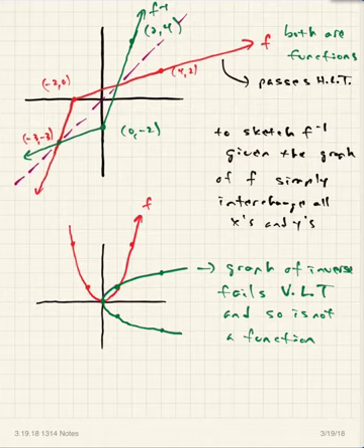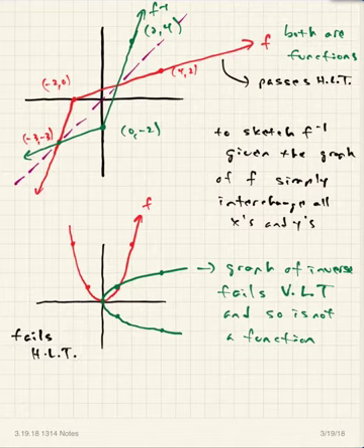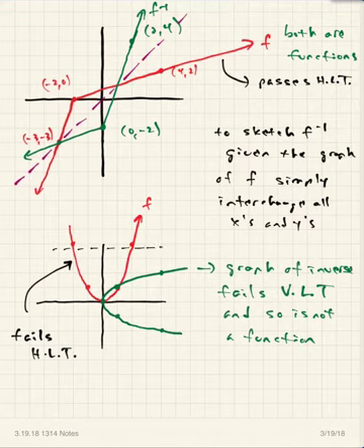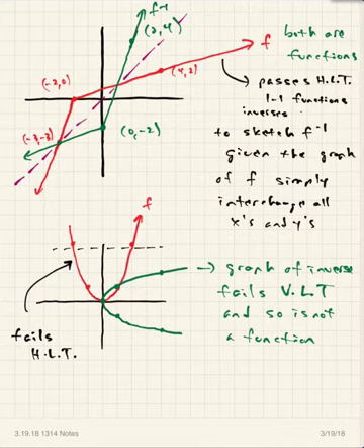The second graph fails the horizontal line test, because if you draw a horizontal line, you can intersect it twice. So graphs that pass the horizontal line test are called one-to-one functions, and their inverses are functions.